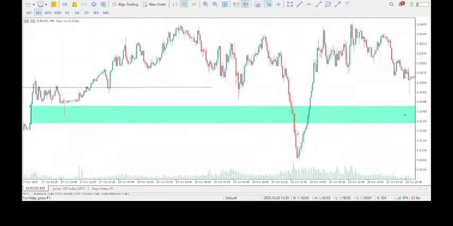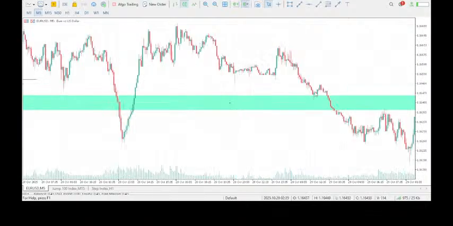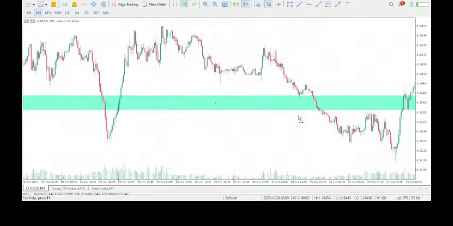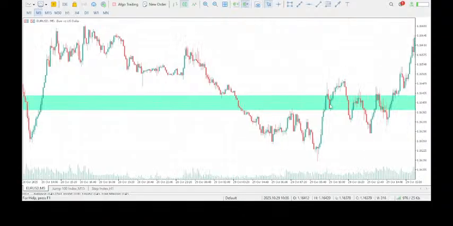And then we're trying to respect that we are not going to break down. We came back, we also went through it, and at this point we respected a little bit, but it was not yet fully covered. We tested it, and this was the work of the fair value gap, and then we go up, test it up again, and try to respect it, saying we are still moving lower.